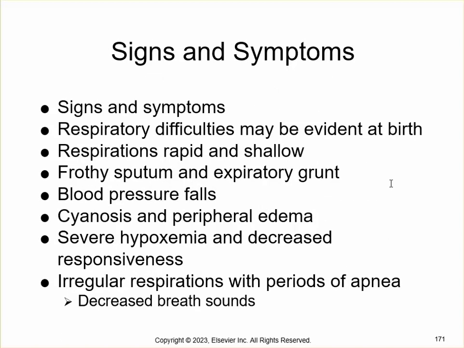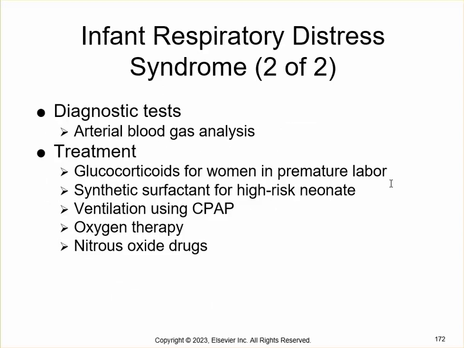So respiratory difficulties at birth, shallow, rapid respiration, frothy sputum, cyanosis, right, hypoxemia, periods of apnea, that kind of thing happen. So what do we do?